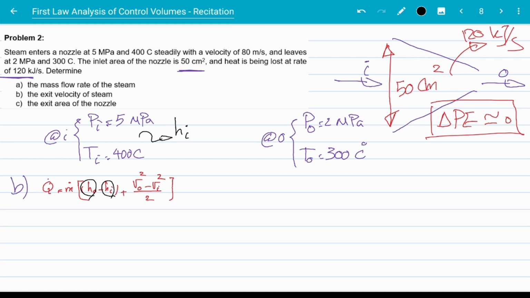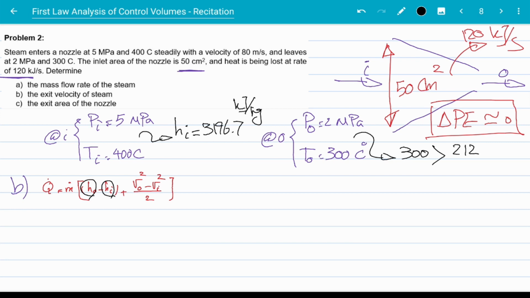h_i is 3,196.7 kilojoules per kilogram from the tables. At the outlet, if we go check, we'll see that the temperature at the outlet, 300 degrees, is greater than the saturation temperature of water at 2 megapascals, which is 212 degrees.